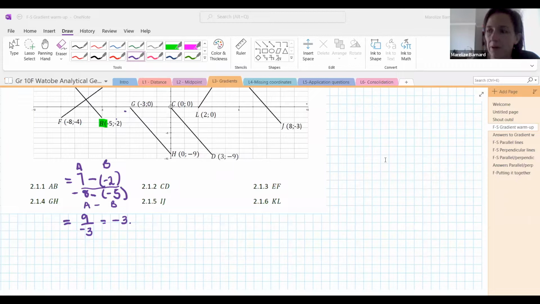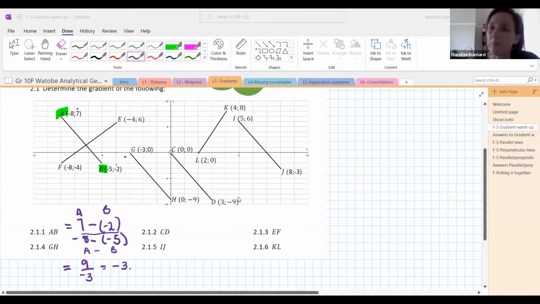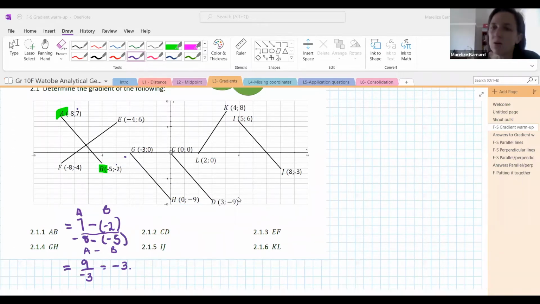According to gradient of vertical and horizontal lines, the answer could also be undefined, am I not mistaken? Yeah, but that's for vertical and horizontal lines, so we're not doing those now. We're just doing these ones. Okay. Thank you.